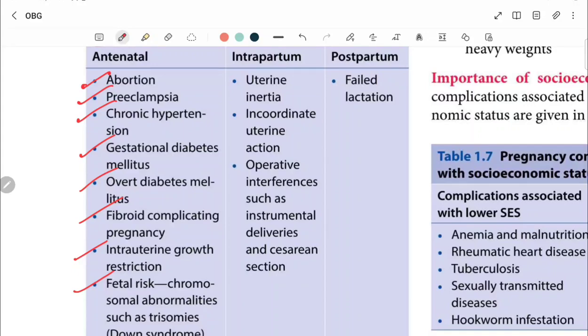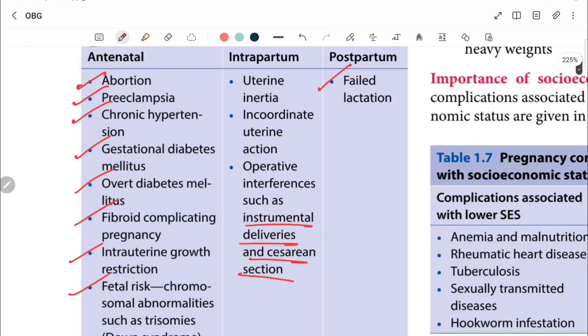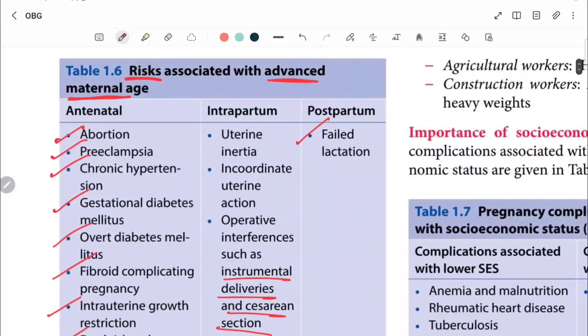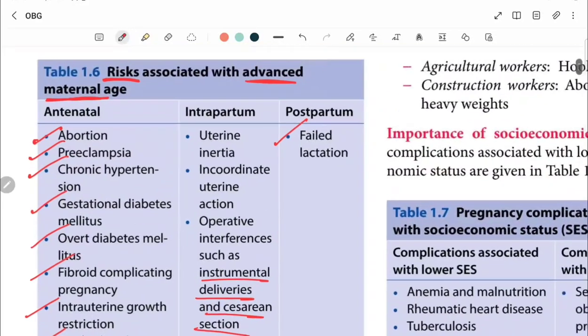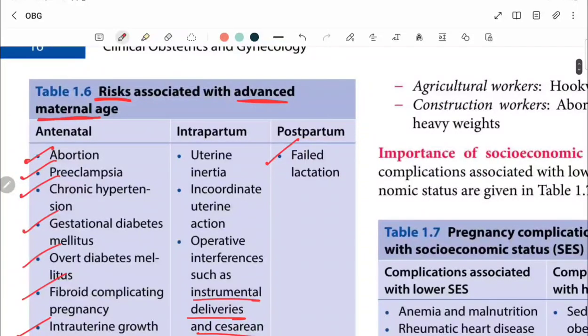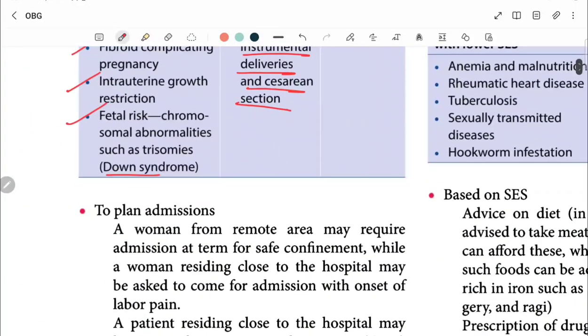Intrapartum risks will be uterine inertia, incoordinate uterine action, and operative interferences such as instrumental deliveries and C-section. Postpartum, failed lactation is very common if the maternal age is very advanced. Abortion, preeclampsia, GDM and hypertension are all very common in advanced maternal age.